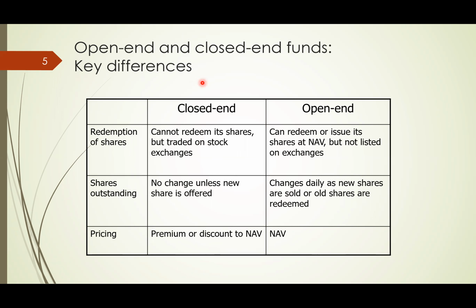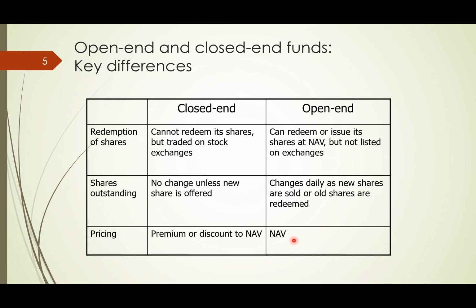So a closed-end fund may trade at a premium or discount, and on average, they tend to trade at a discount. In contrast, open-end funds are priced based on the net asset value, which I'm going to introduce in a second. Plus, when you purchase or redeem open-end funds, you may pay additional fees associated with the funds.